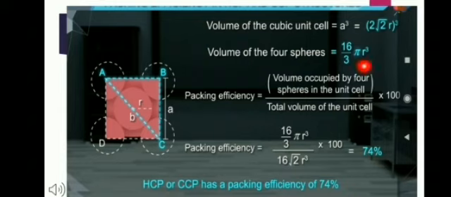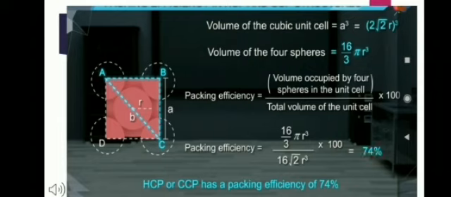Now we know packing efficiency is equal to the volume occupied by the 4 spheres in the unit cell upon the total volume of the unit cell into 100. Now putting the values, 16 upon 3 pi r cube upon 16 square root of 2 r cube into 100. By solving this we will get 74%.